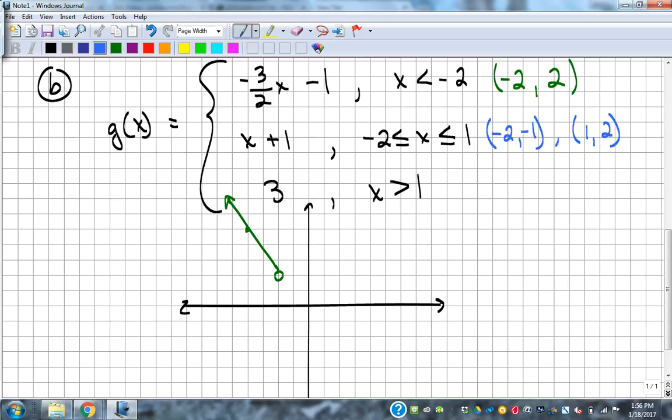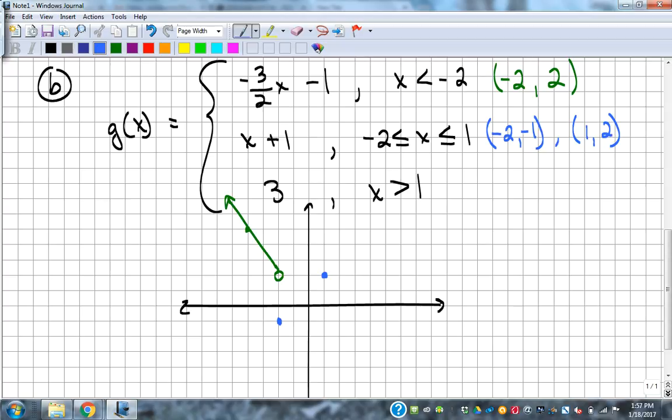Are both of those included, or one of them included and one not, or neither of them included? Both of them have a closed circle, because they both have an equal to mark. So at negative 2, negative 1, closed circle, and at 1, 2, closed circle.